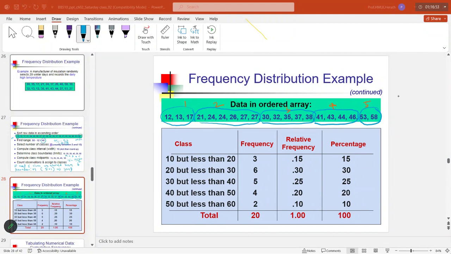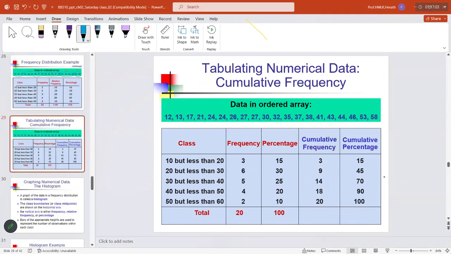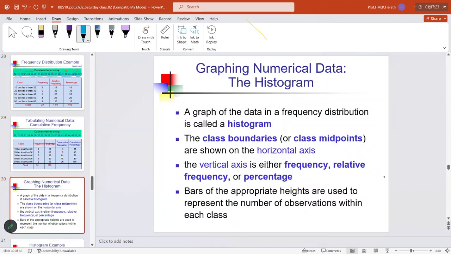Okay, right. So now we can put this on a chart, on a graph. We can further estimate the cumulative frequencies and cumulative percentages, or if we want cumulative relative frequencies, we can do so.